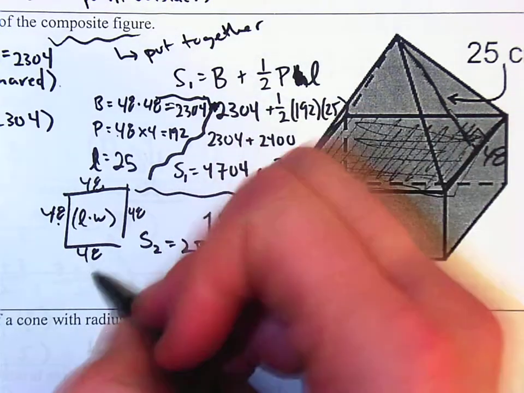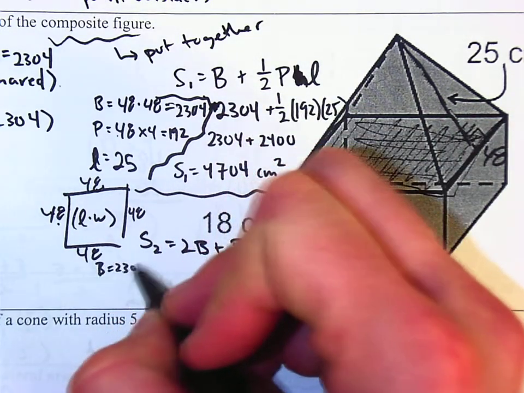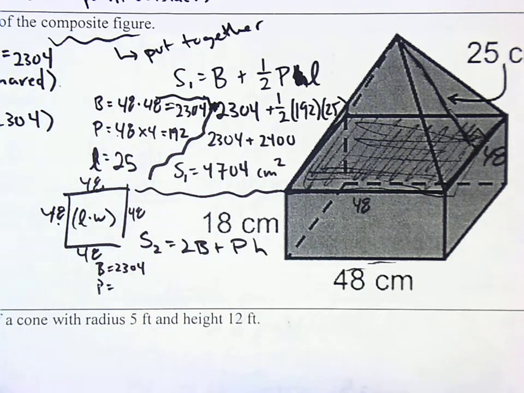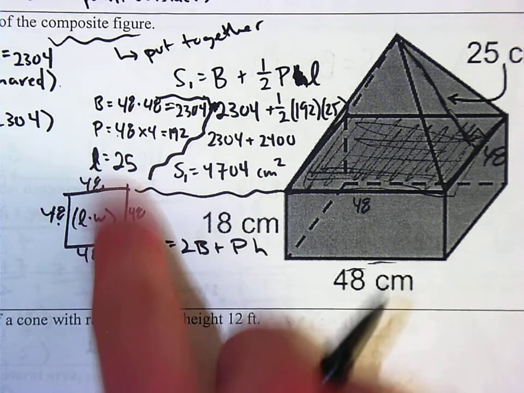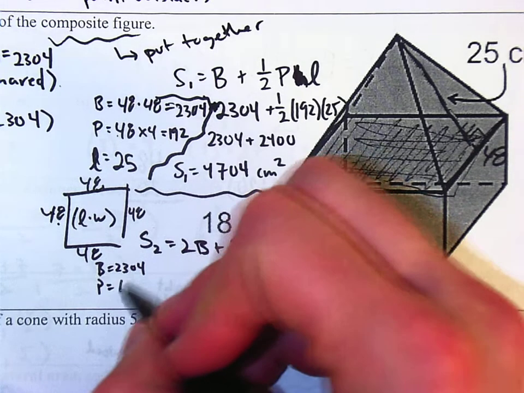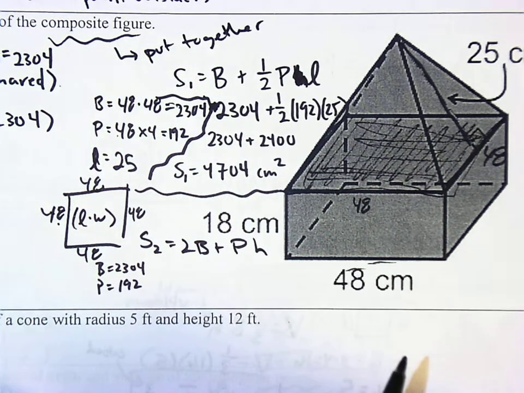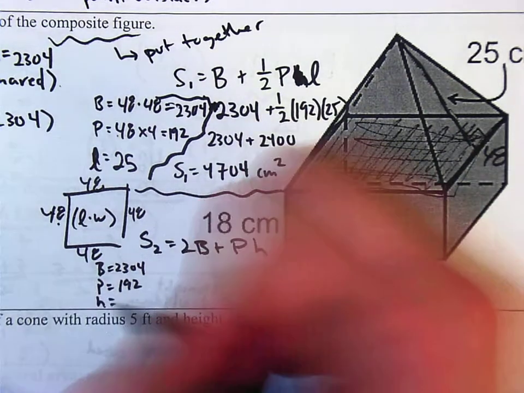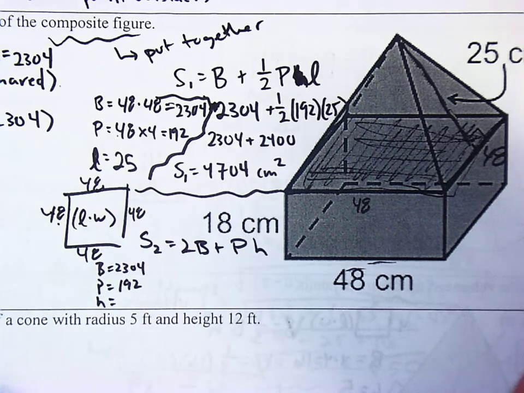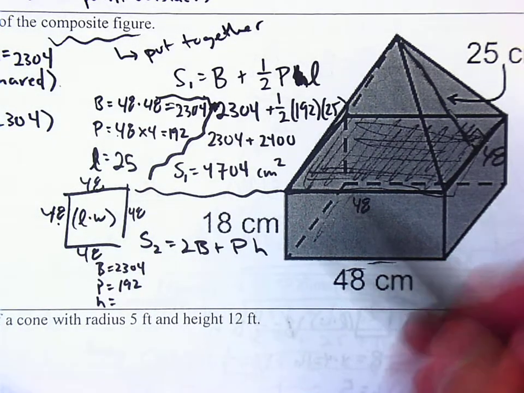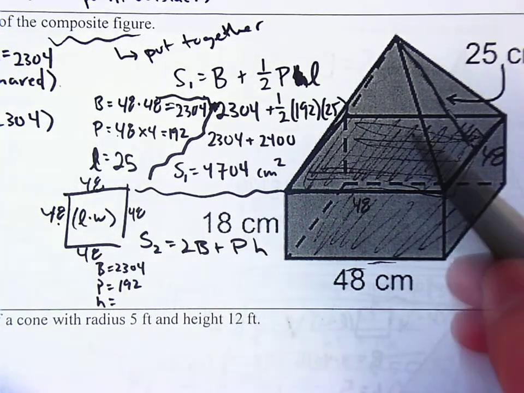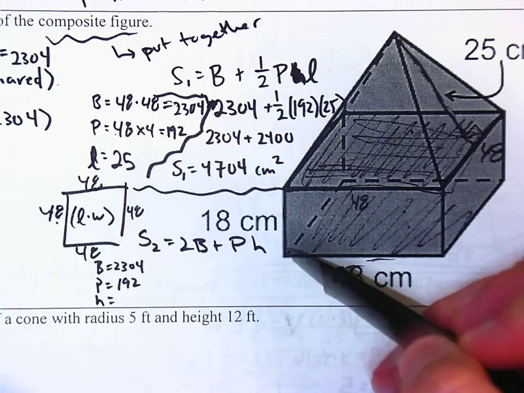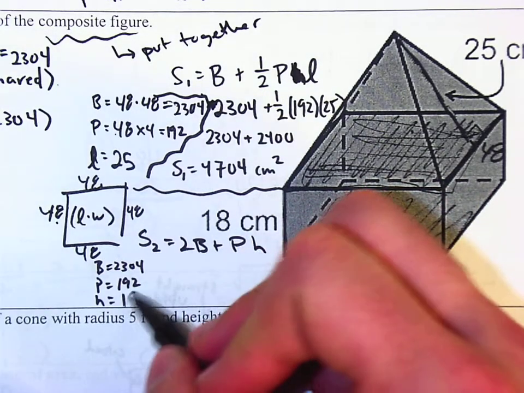It's 2,304, so we can use that again. The same thing for the perimeter: we found the perimeter of this square, and it's 192. And then the height is really simple. It's just the distance between the bases. Here's a base down here, here's a base up here. What's this distance? Well, that's 18.